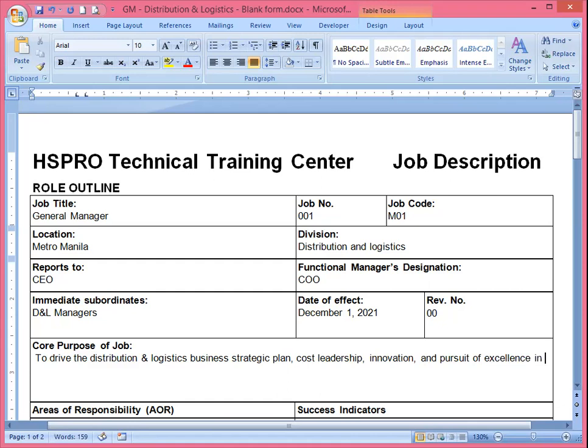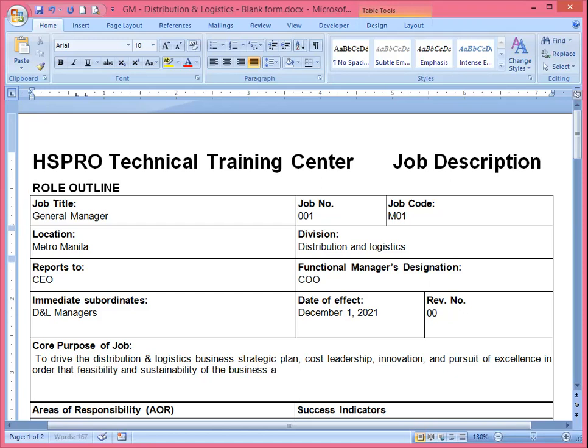In order that feasibility and sustainability of the business are achieved.